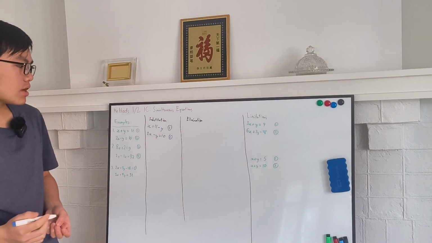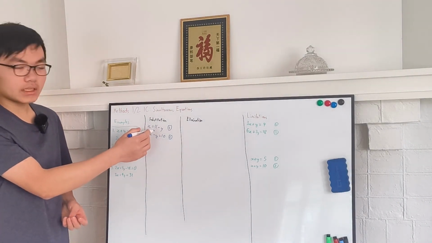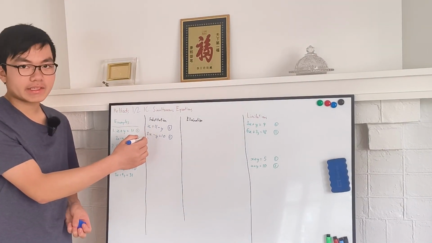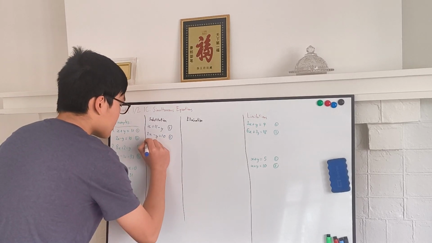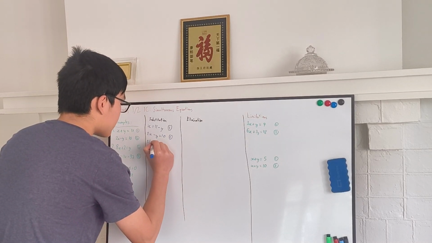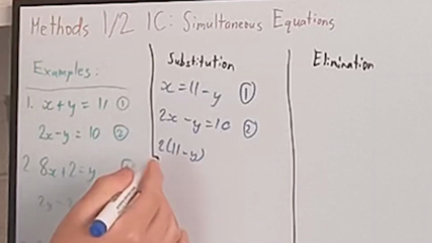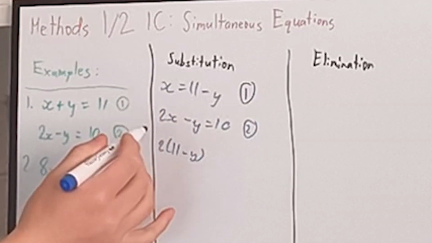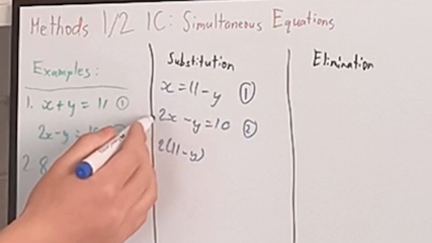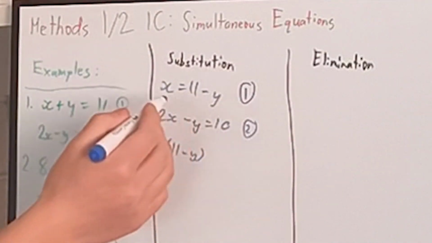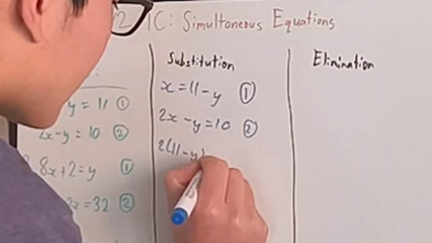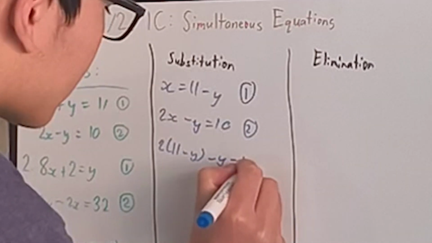What we can do now is sub in 11 minus y for the x here. So this means 2 bracket 11 minus y, because 11 minus y is the same as x. So we have 2 multiplied by 11 minus y, and then minus y equals 10.